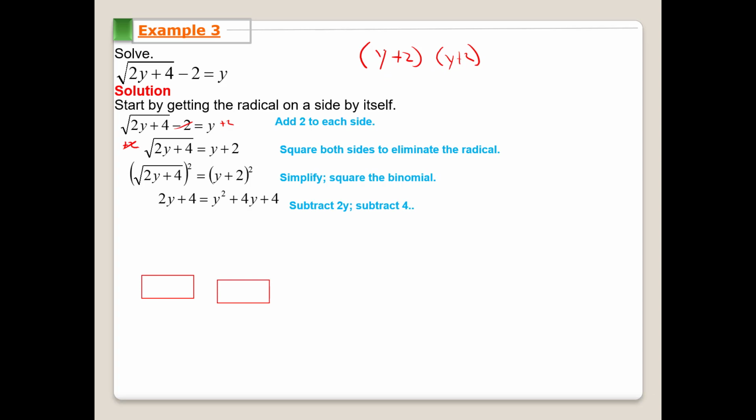So if we took y times y, and then y times 2, it gave us y squared plus 2y, and then inside is 2y. And then 2 times 2, which gave us 4. So then they just combine the 2y plus 2y. Okay, so now let's go ahead and subtract this 2y.